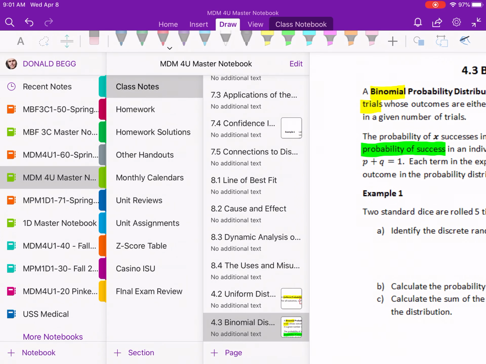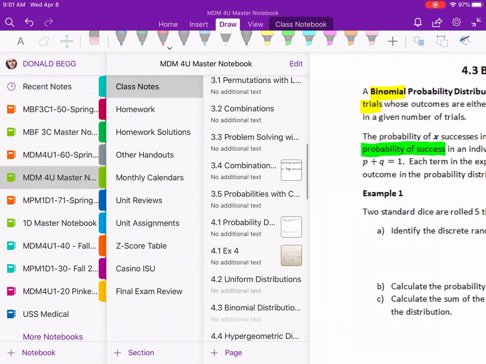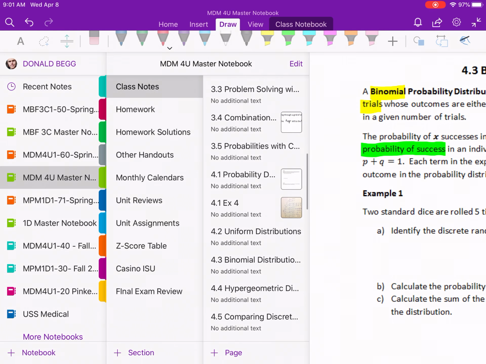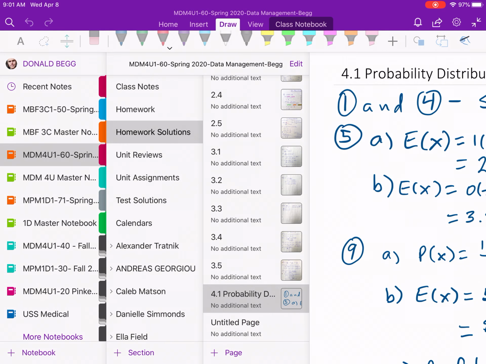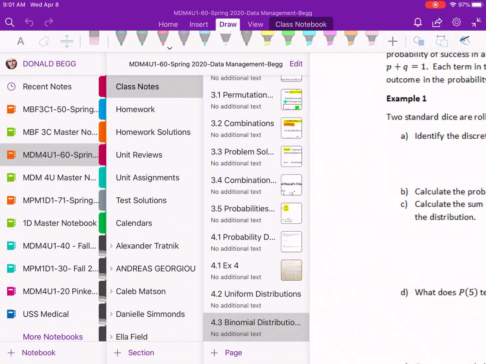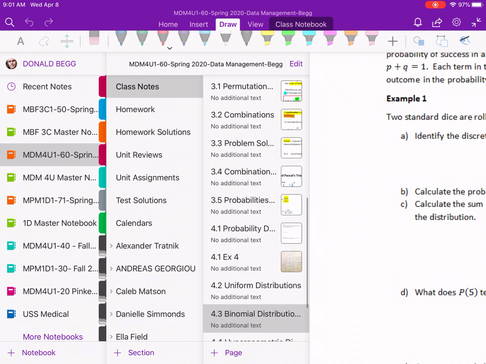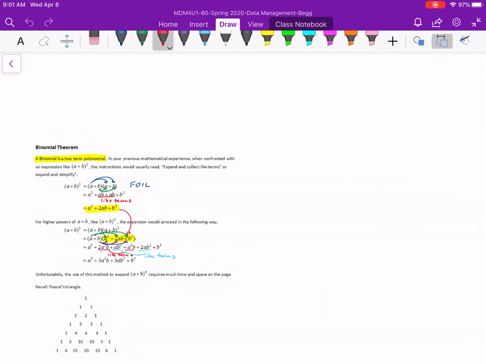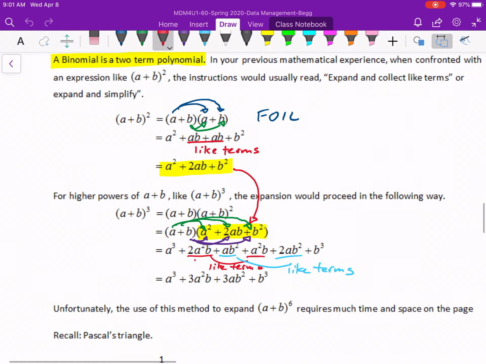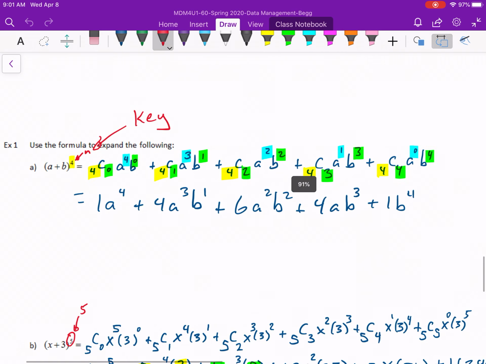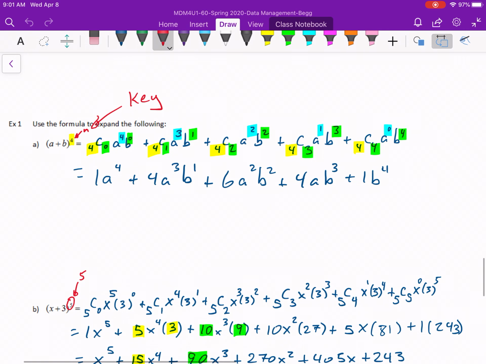Let me just go back to the binomial expansion for a second. So remember this, right? Here's a binomial expansion.